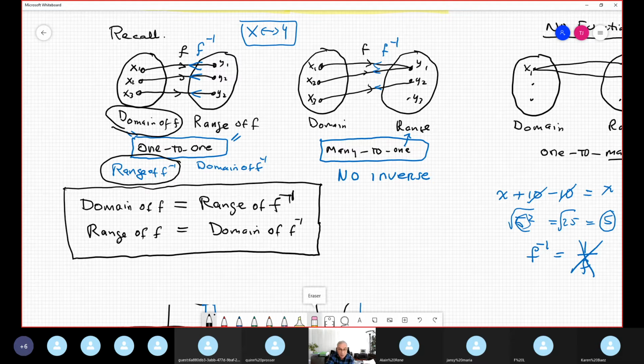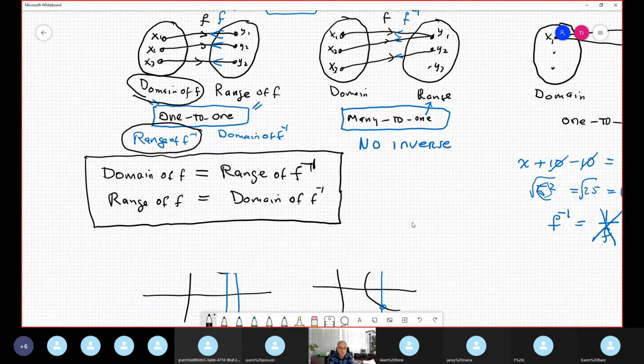You say, Professor, I cannot do anything because this function that you give me is not 1-to-1. Therefore, it's not invertible, and that's the end of the story. Of course, I am not stupid, so I don't put this example in the test. I put examples in the test that are, in fact, invertible functions.